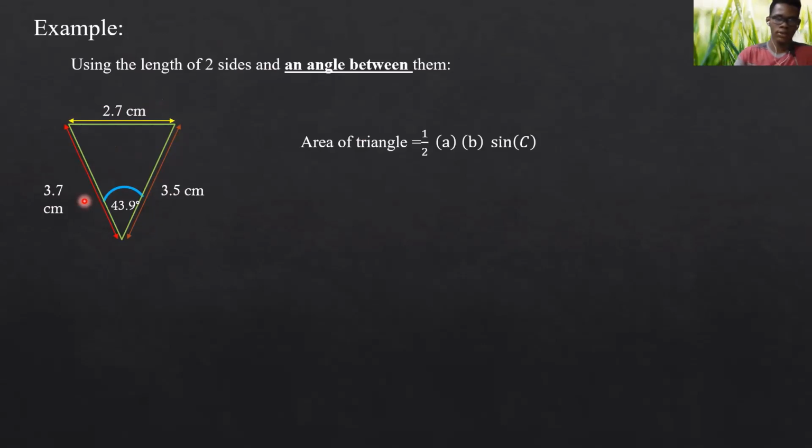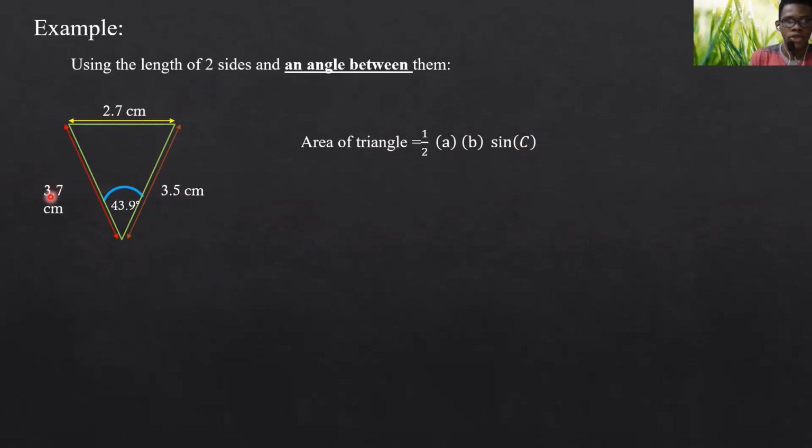We can't use that because, as I said before, let's say this is the base. The height needs to be perpendicular to the base, so neither this side nor this side is the height of the triangle. So the other option would be to use this formula, half AB sine C, which is less work than Heron's formula.